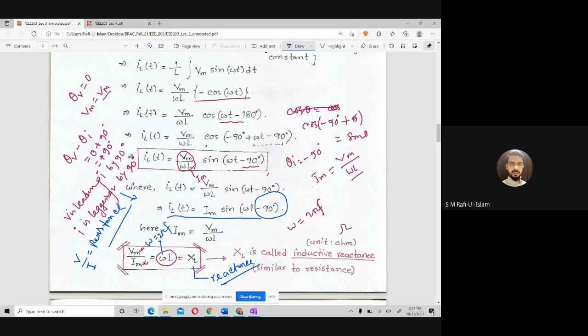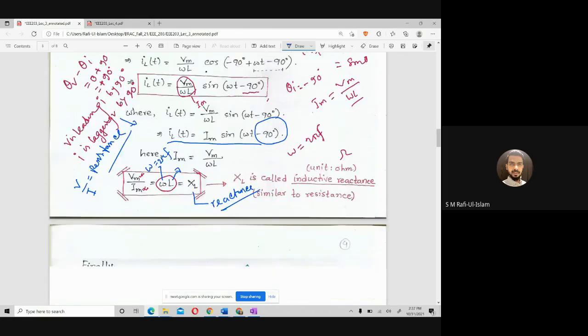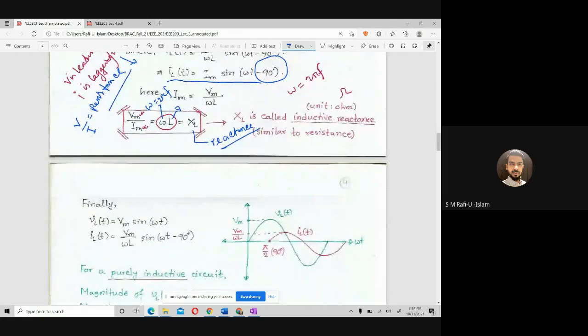So anything equivalent to resistance but with a frequency dependent part we call reactance. So the reactance of the inductive circuit or inductor is given by omega times L. L is nothing but the value of the inductor. Am I clear? This far it's not that difficult.